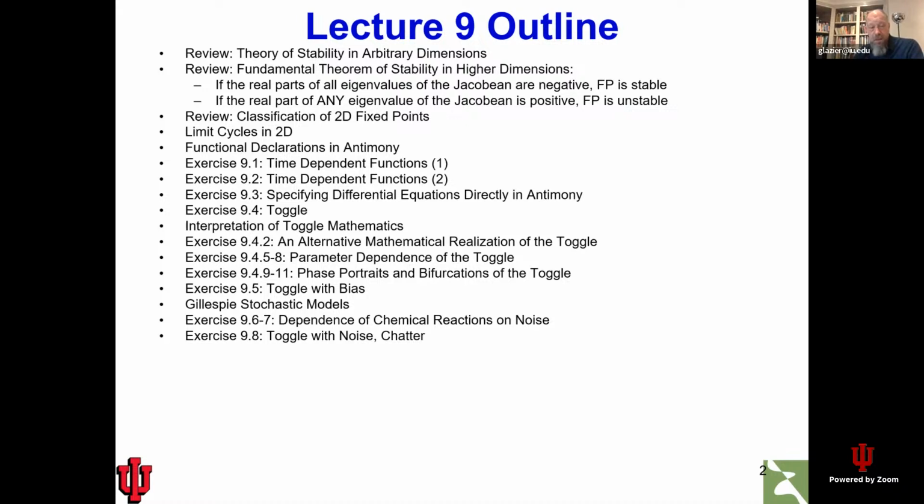And then I'd like to talk a little bit about Gillespie stochastic solvers for these kinds of networks, if we have time. And the toggle is a place where you get qualitatively different results when you do the stochastic simulation from what you do when you do the deterministic simulation.